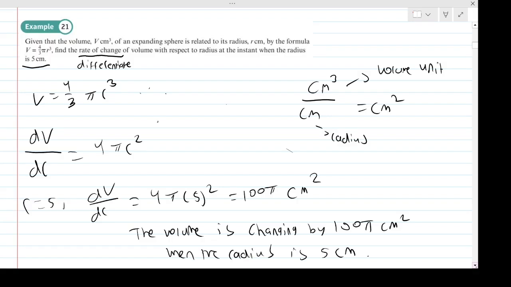So let's say, for example, every minute or every hour or every second, when the radius is 5 centimeters, then every second, let's say, I don't know what the time is, the volume will be increasing by 100 pi.